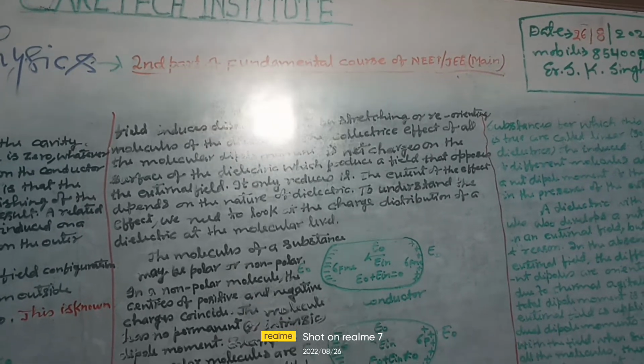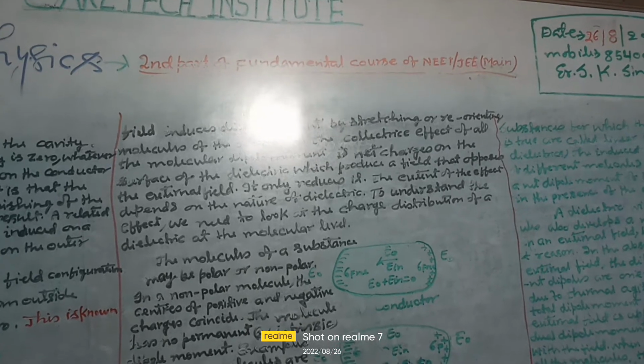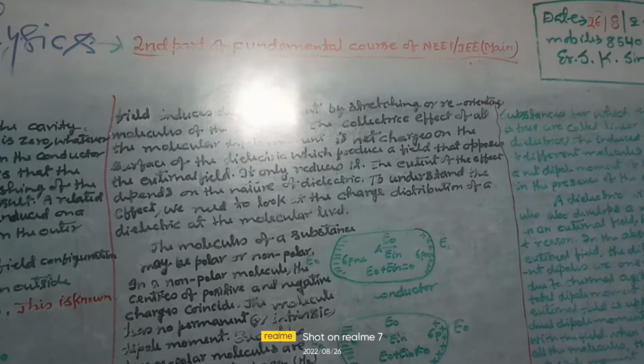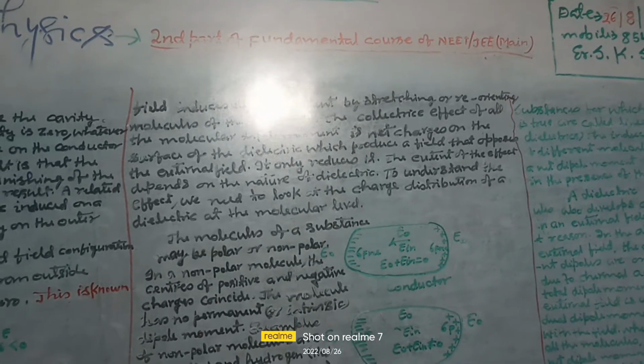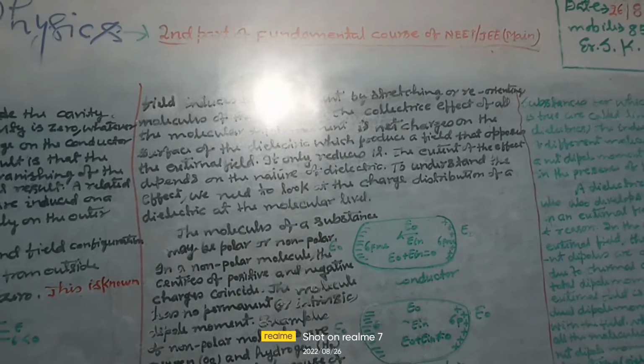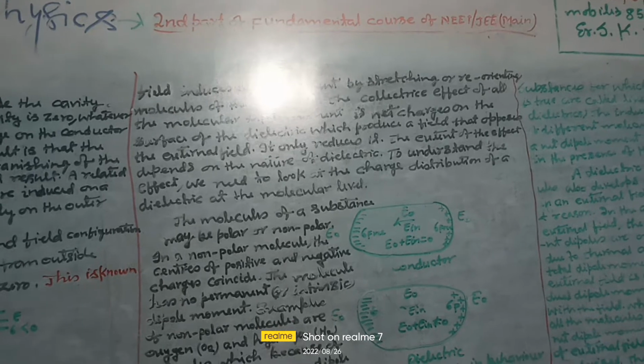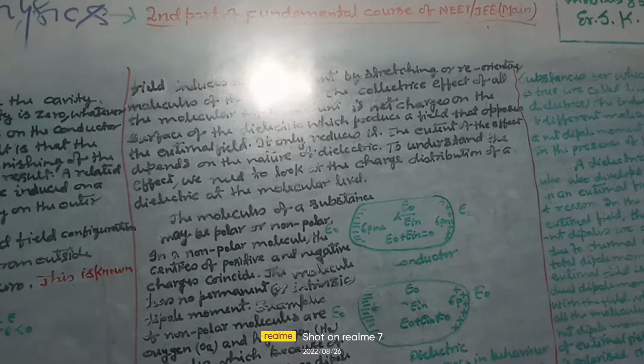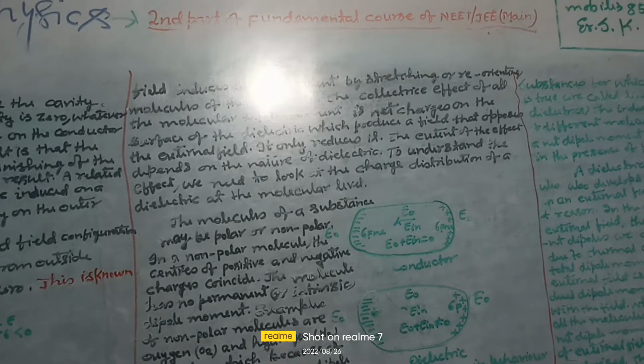The collective effect of all the molecular dipole moments is net charges on the surface of the dielectric, which produce a field that opposes the external field. It only reduces it. The extent of the effect depends on the nature of the dielectric.